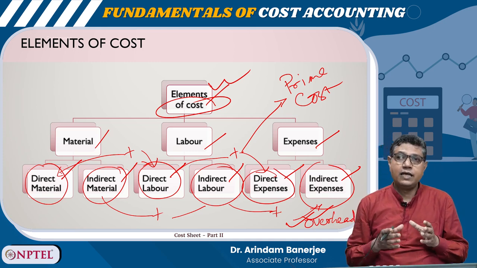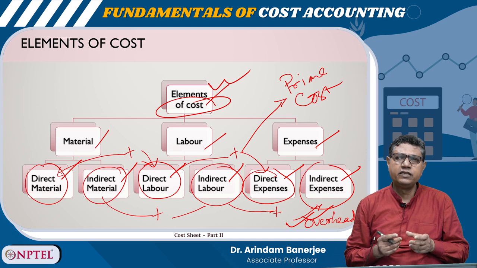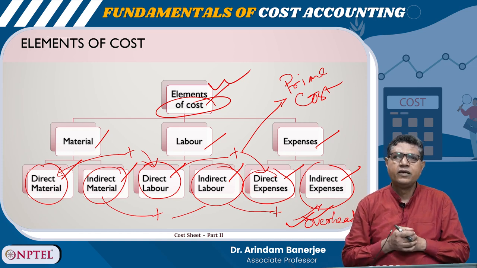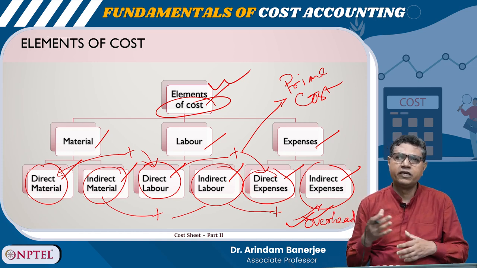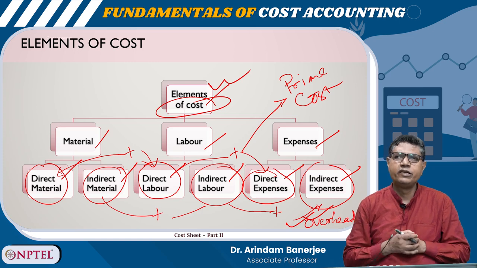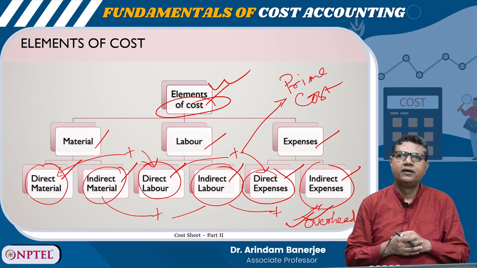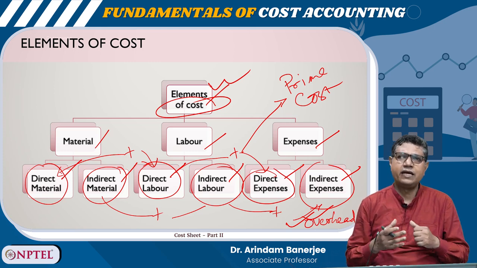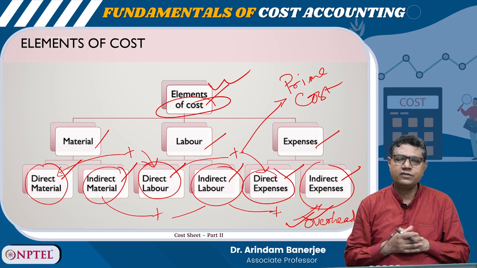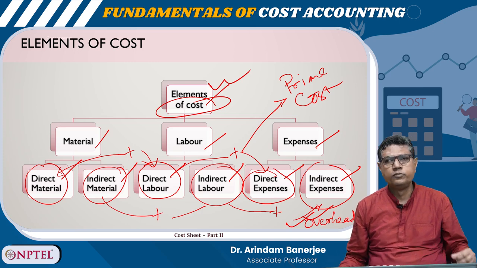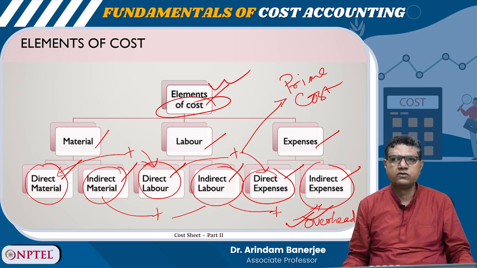The classification on the basis of variability, that is variable cost and fixed cost, is usually done for decision making purposes. When we have to take some managerial decisions, at that time we classify the cost on the basis of variability, which we will discuss in the forthcoming chapter on cost volume profit analysis and marginal costing and so on.